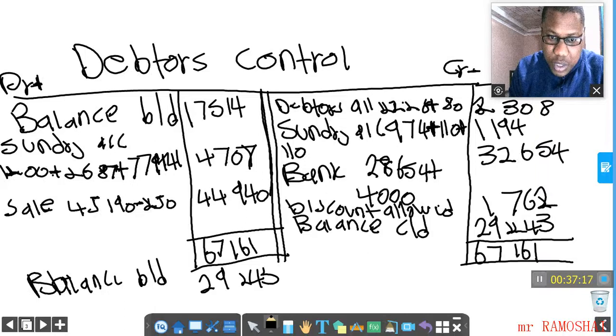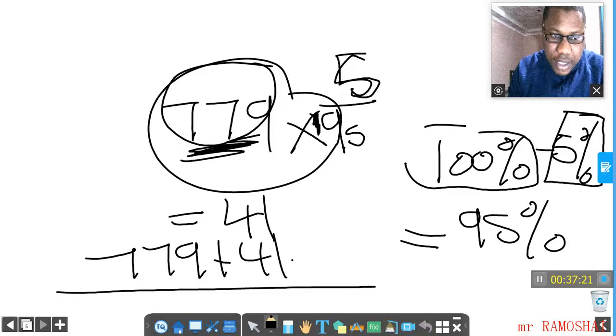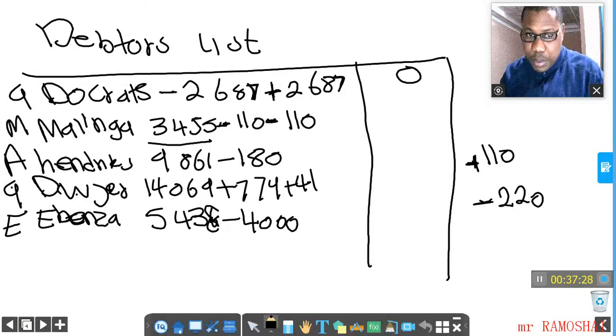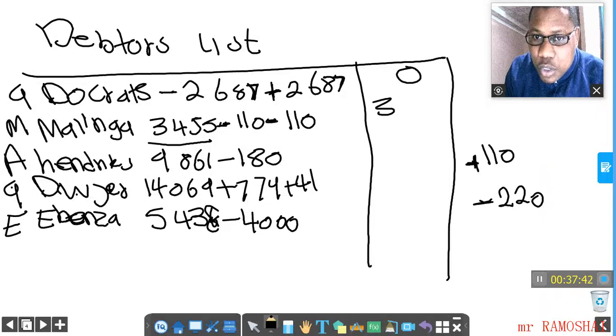So let's go conclude the debtors list, right? Our debtors list now, documents we are done. Let's go to Malinga. Malinga now is going to be 3,455 minus 110 minus 110, right, which equals 3,235, right?